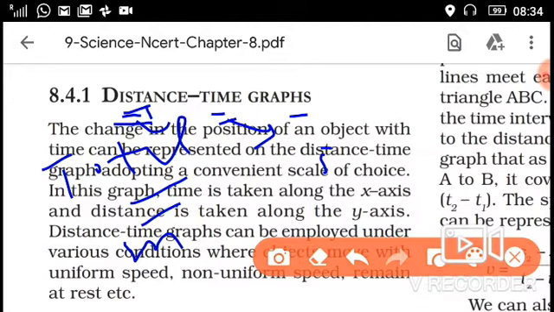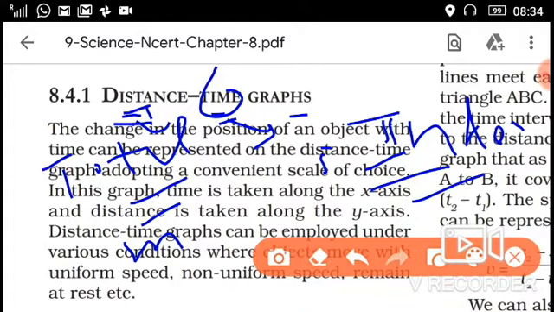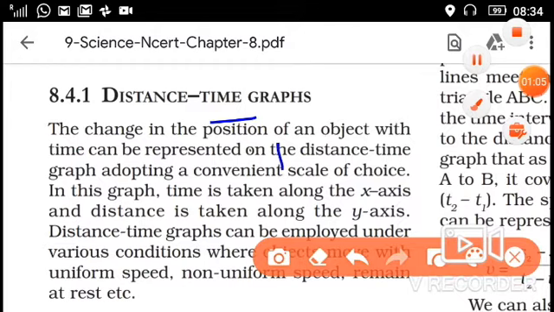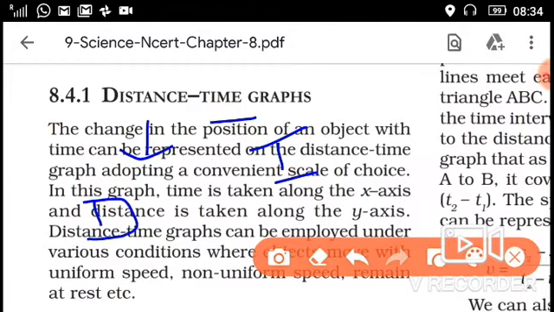But the difference is that time is an independent quantity. It does not depend on any quantity. Again I tell, time is an independent quantity and distance is a dependent quantity. So for the distance-time graph, the horizontal axis is the x-axis and this is the y-axis.